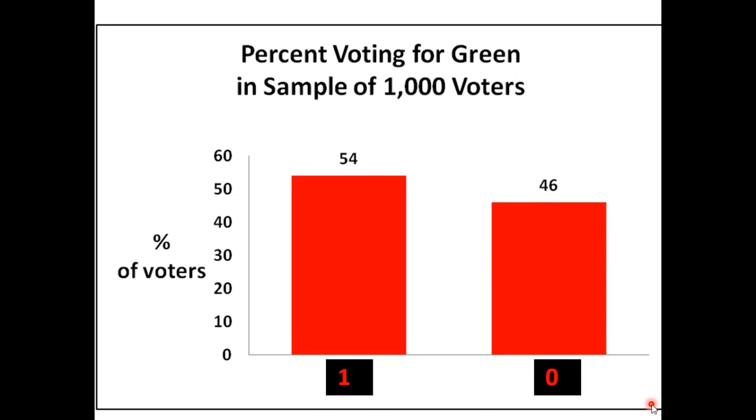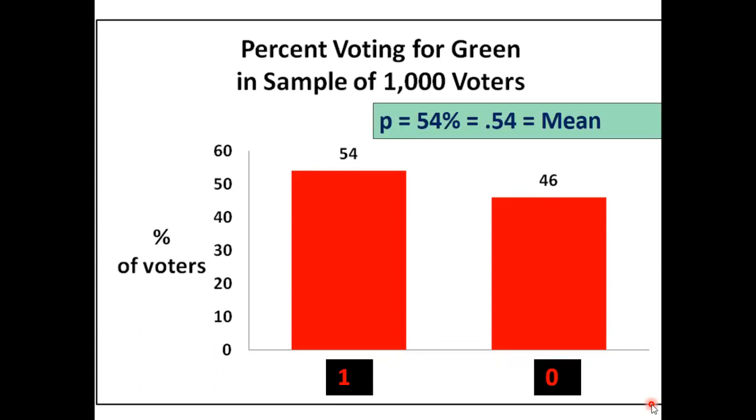In this version of the graph, a 1 indicates a voter who plans to vote for Christina Green, and a 0 indicates a voter who does not plan to vote for her. We can now use what we know about Bernoulli variables. We know that P is equal to the number of individuals with a value of 1. So P equals 54% or 0.54.